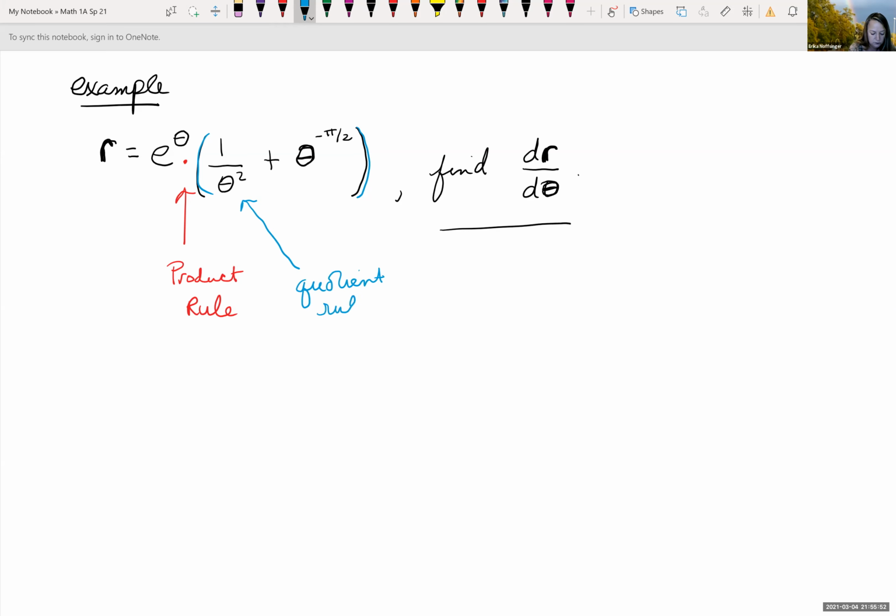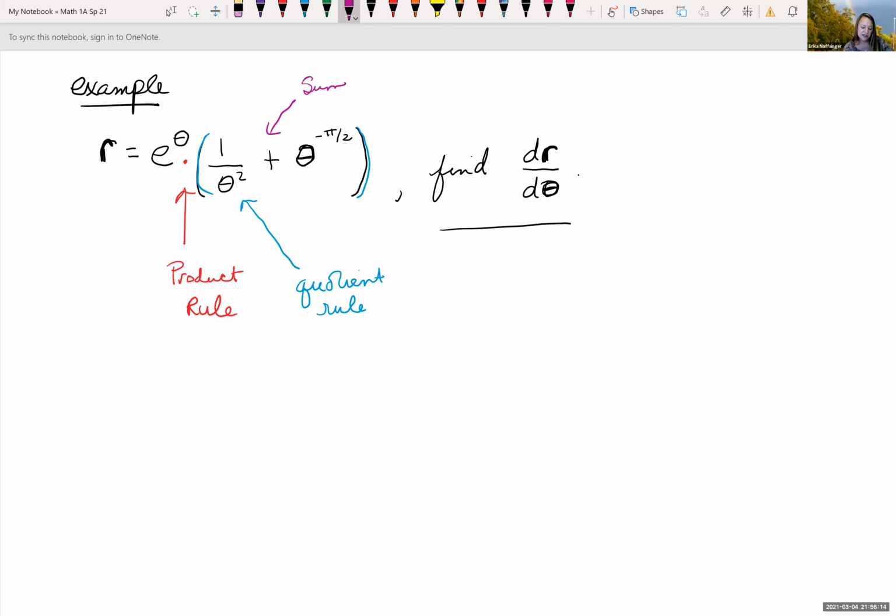And the sum rule, which I tend to just not talk about because you just take the derivative of each piece. So I could do that, no problem. It might take me more time though.